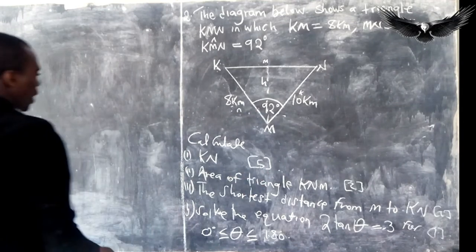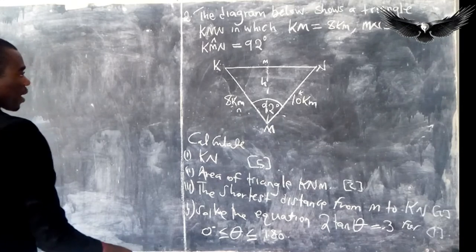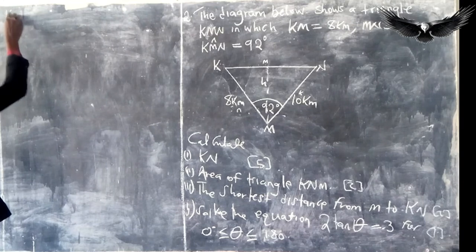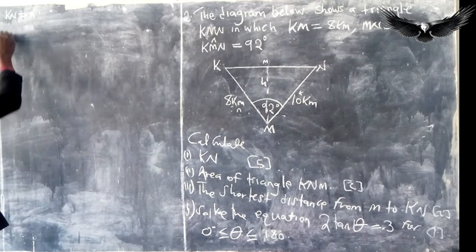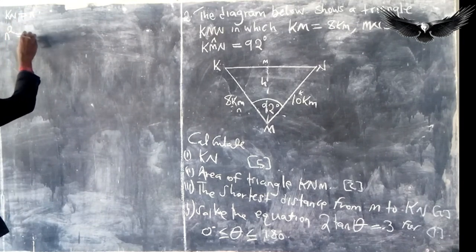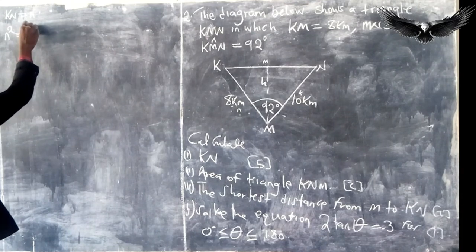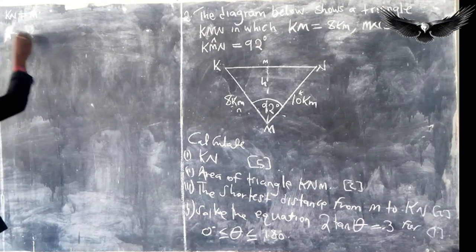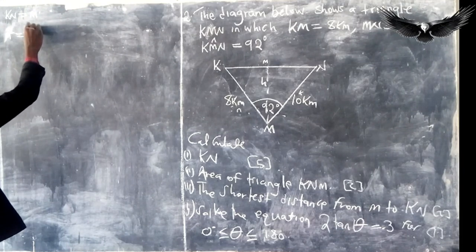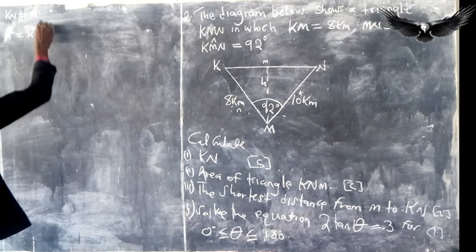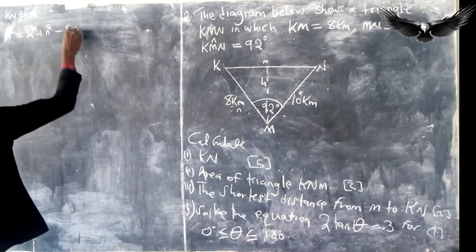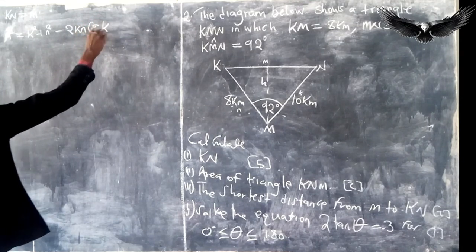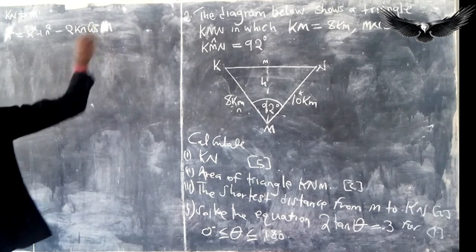So if that be the case, since we are finding m here, we are going to write m squared is equal to k squared plus n squared minus 2kn cos M, so capital letter M.